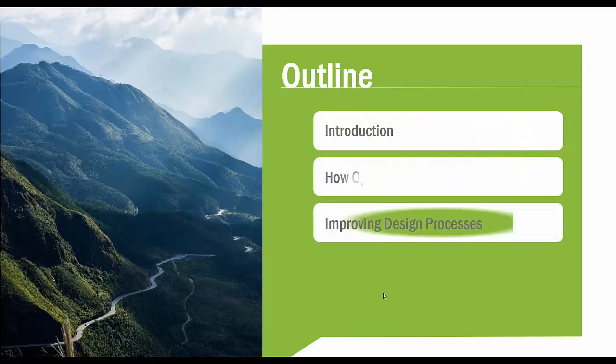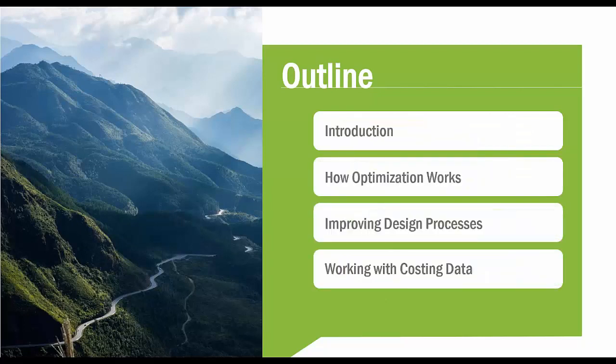So just a brief outline of what we are going to be talking about today. I'm going to quickly do an overview of some of the concepts we'll be covering. I'll talk briefly about how optimization works to start with in the context of geometric highway design. I'll also talk about how optimization fits into design workflows and how it can improve the design process for designing a highway.